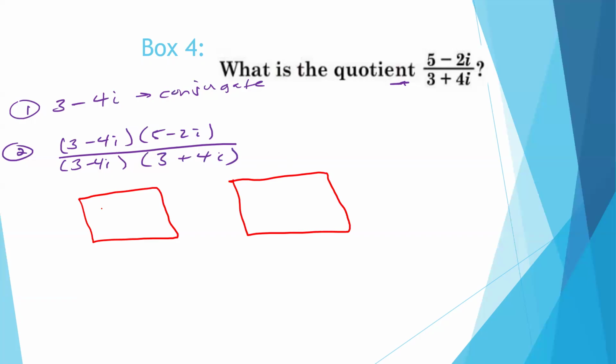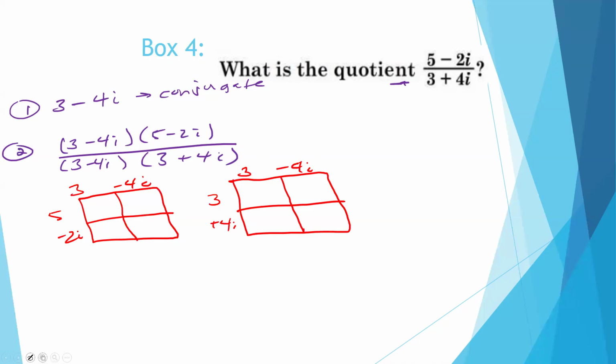Okay, so my numerator, I have 5 and negative 2i, and I have 3 and negative 4i. My denominator, I have 3 and negative 4i, and I have 3 and positive 4i.